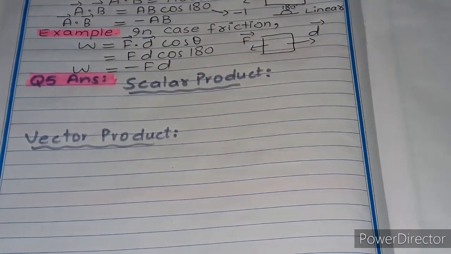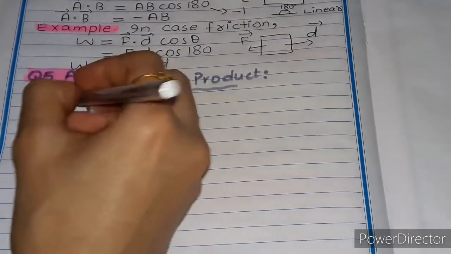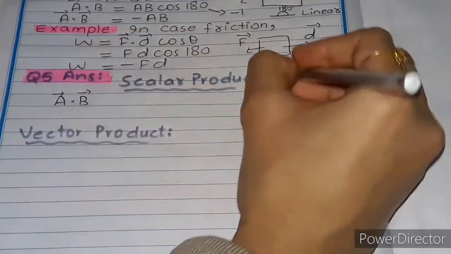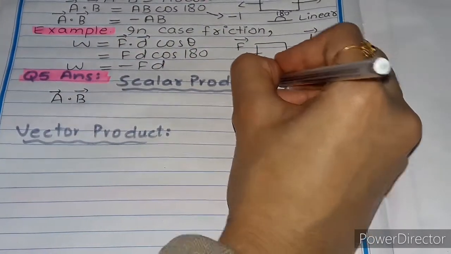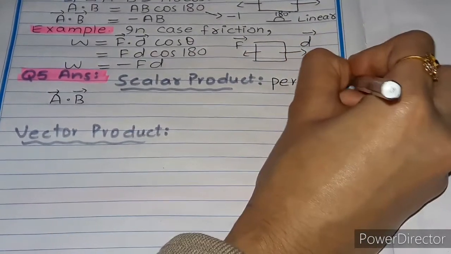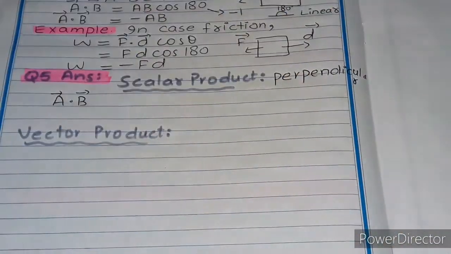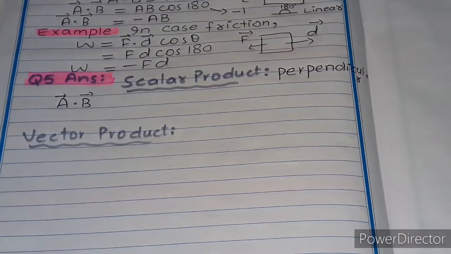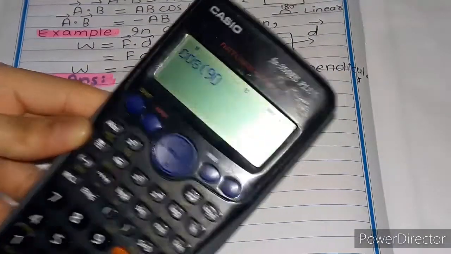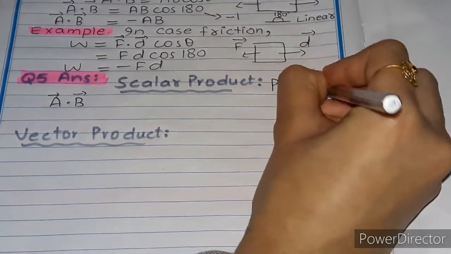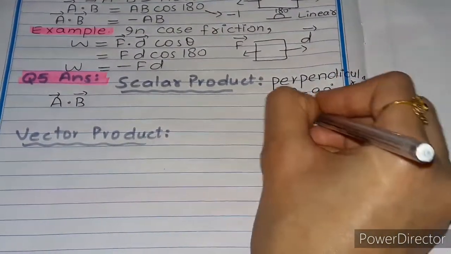So scalar product is 0 when the two vectors are perpendicular to each other, making angle 90 degree, because cos 90 is 0. Like I will make a diagram.